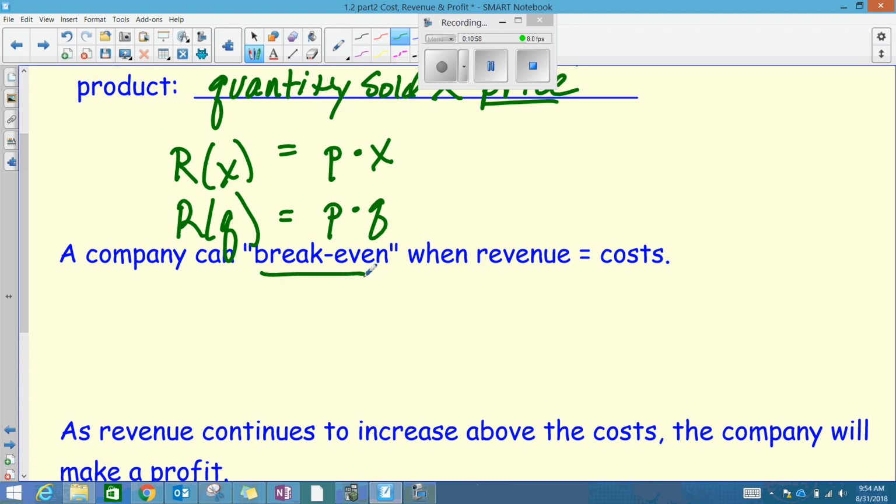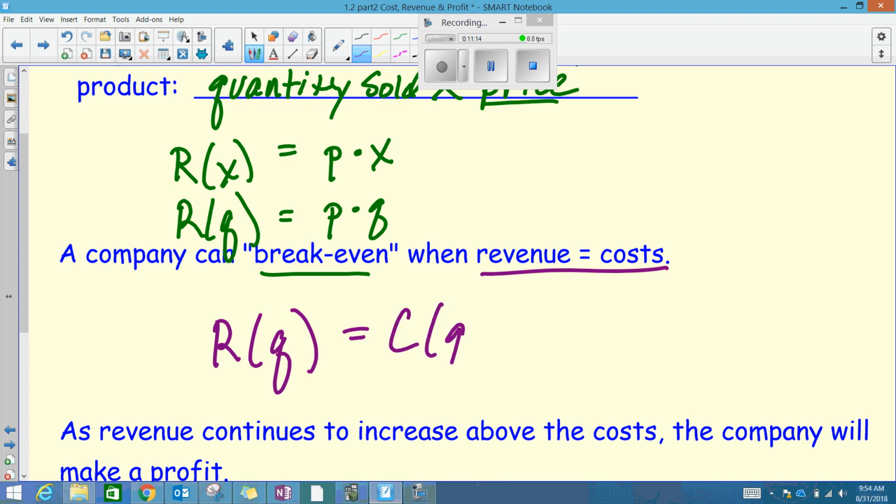You didn't make any money, but your revenue equals your cost, so you didn't lose any money either. So break even is when R of Q, the revenue you brought in by selling the quantity, is equal to C of Q. So when how much money you brought in equals how much it cost you to make it.